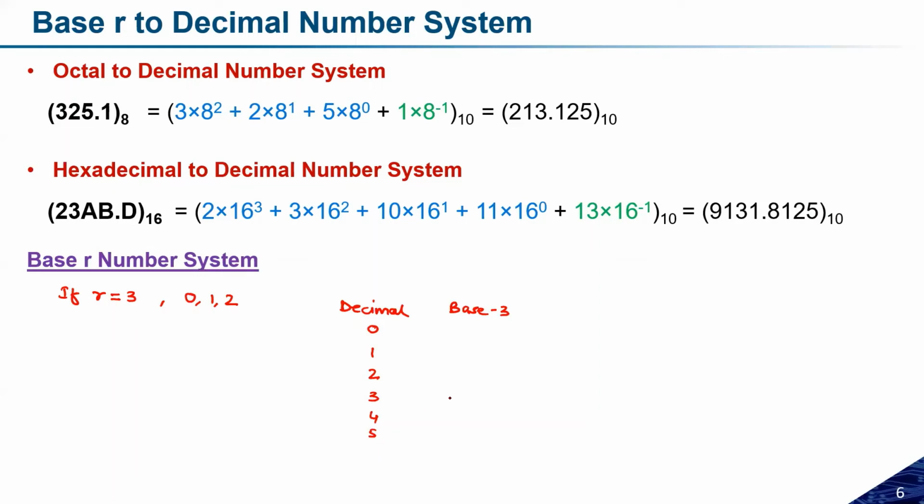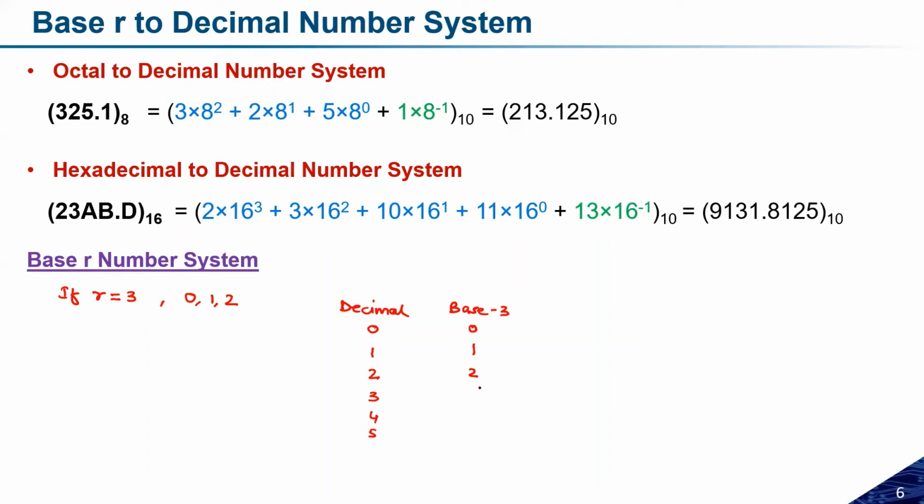0, 1, 2. 0, 1, 2, then 1, 0. No, it's not like that. See here. 1, 0 will be the number.